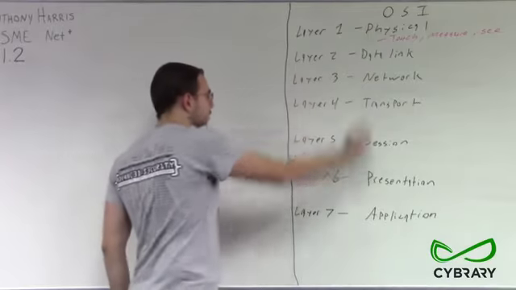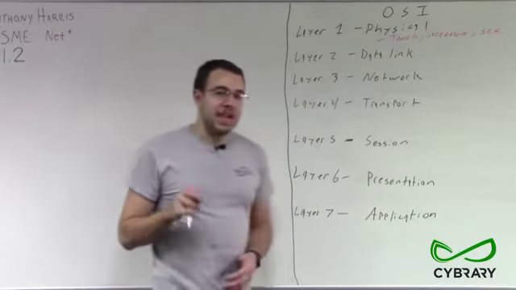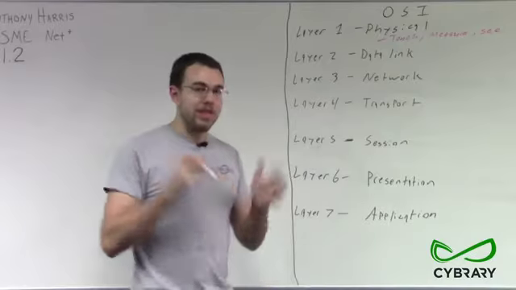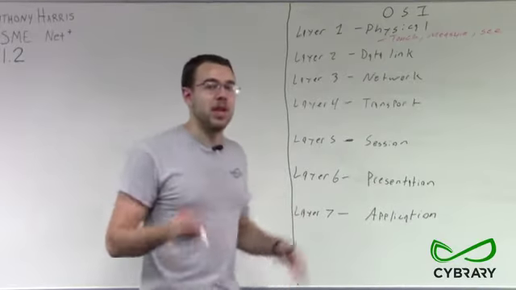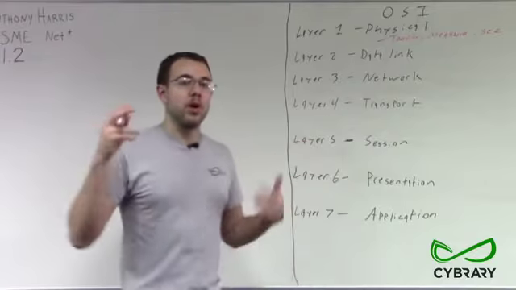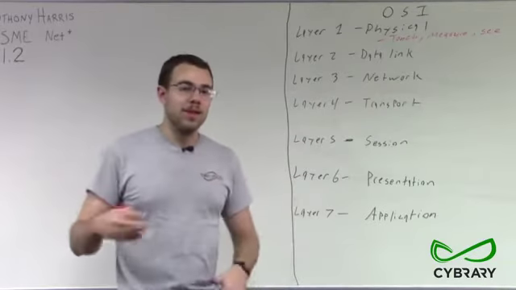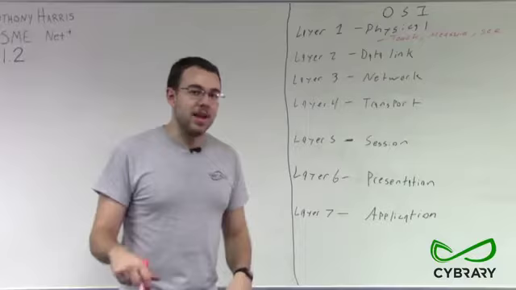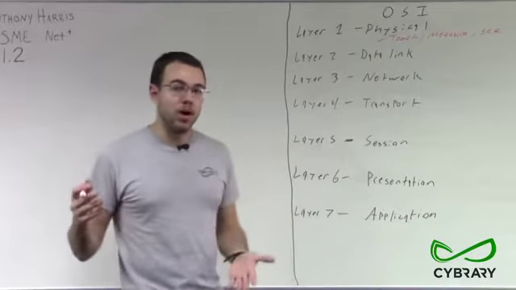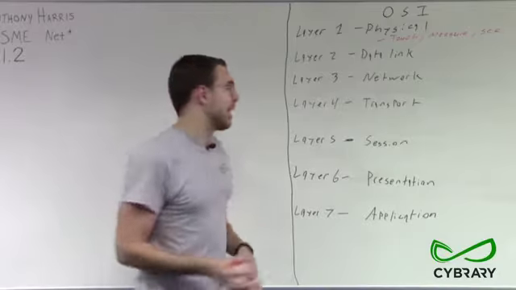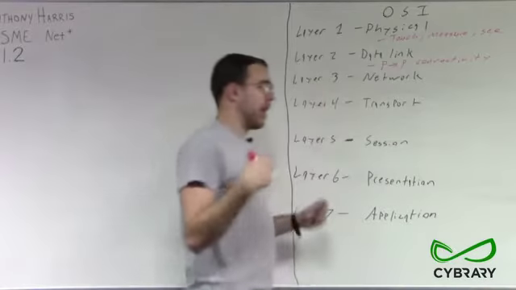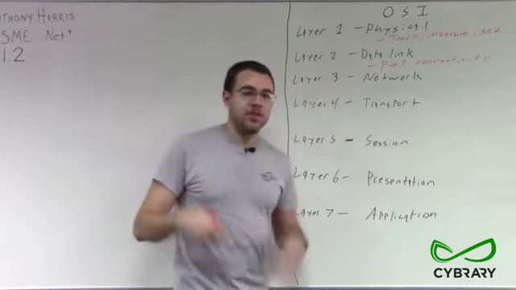Our layer 2 devices are going to be things that provide point-to-point connectivity, and really that's all they're doing, providing connectivity from one point to another point or one point to multiple points. But they don't route any data, they don't move data across any different networks. Within our same network, they're providing point-to-point connectivity. And that's why our data link layer includes things such as our MAC address.